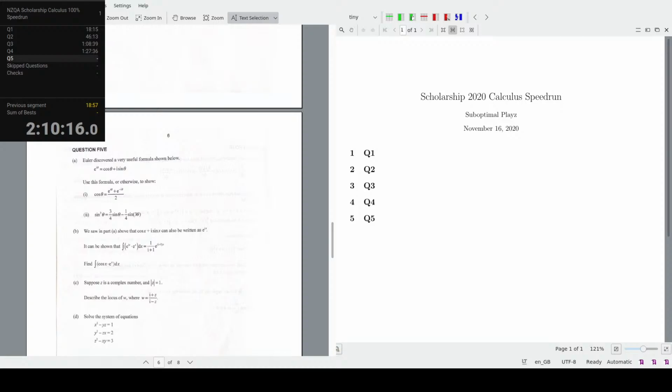Wait, it's 3zx actually. Wait, this is a miss. So you get, okay, see, take the top equation. That cancels, that cancels, that cancels.